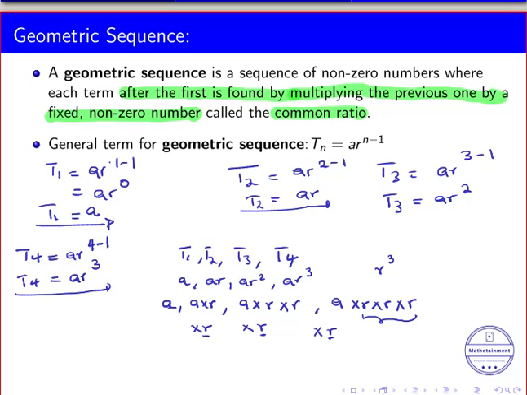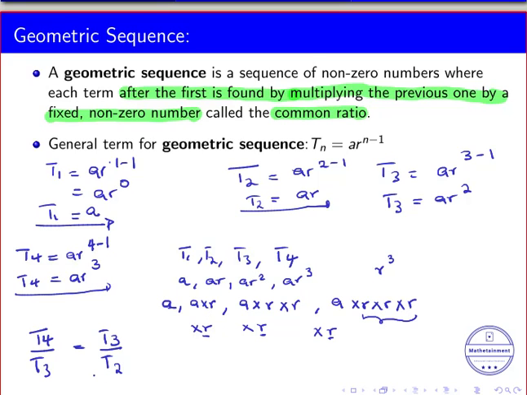But another easy way of finding this R, you can just simply say term number 4 over term number 3 is equal to term number 3 over term number 2. It should be equal for you to conclude that this is a geometric sequence.